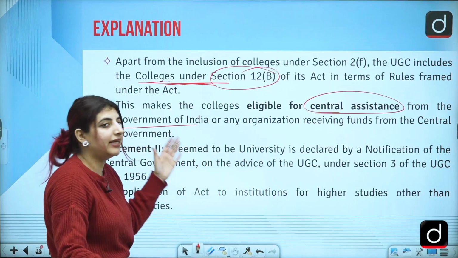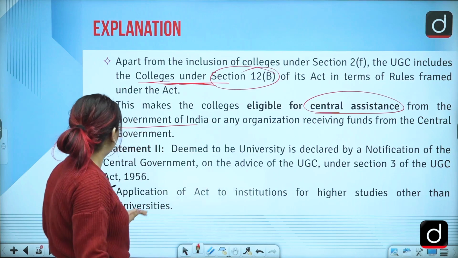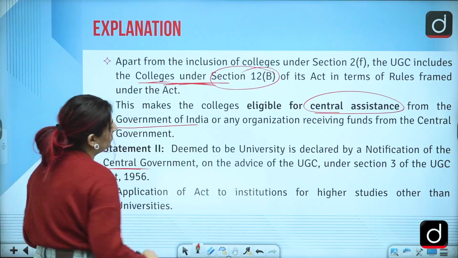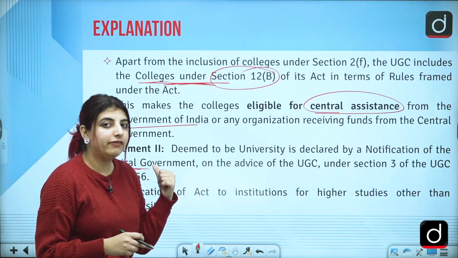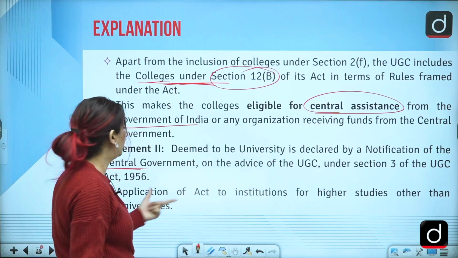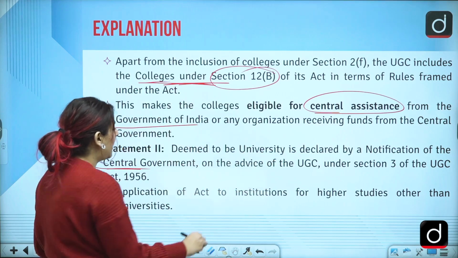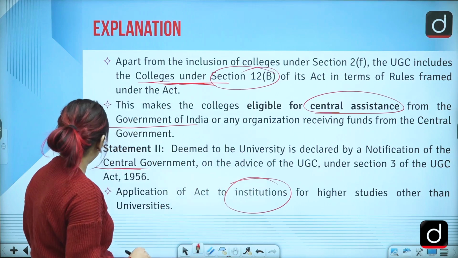The second statement said that deemed to be universities are declared by a notification by the central government on the advice of the UGC under section 3. Previously we were talking about section 2F, correct? Now we are talking about section 3 of the UGC Act: application of the Act to institutions for higher learning other than the universities.